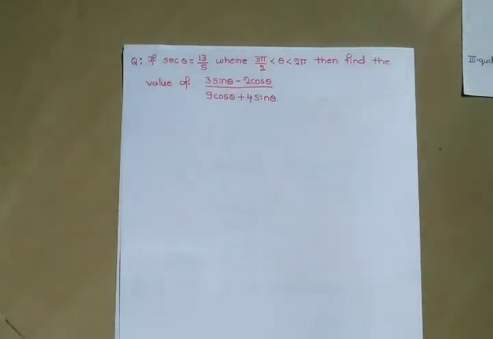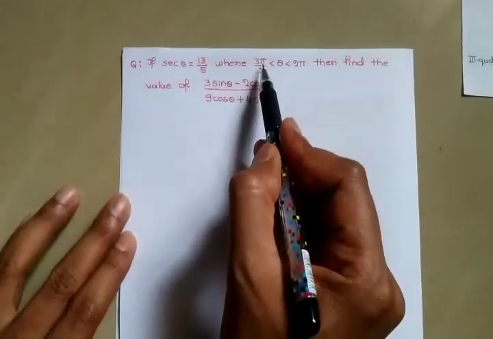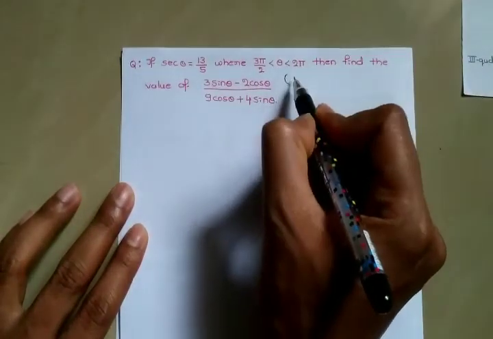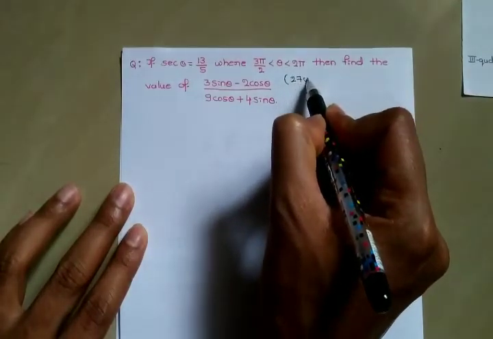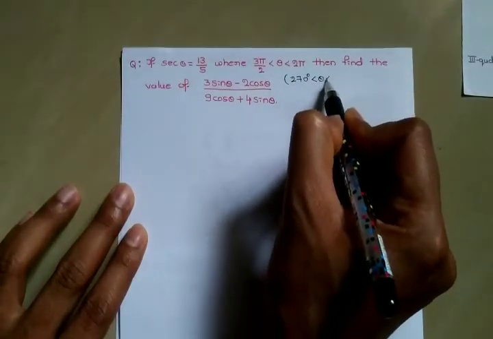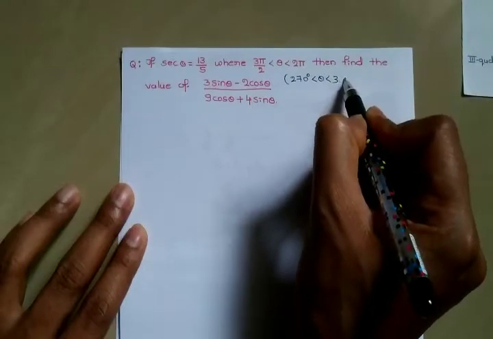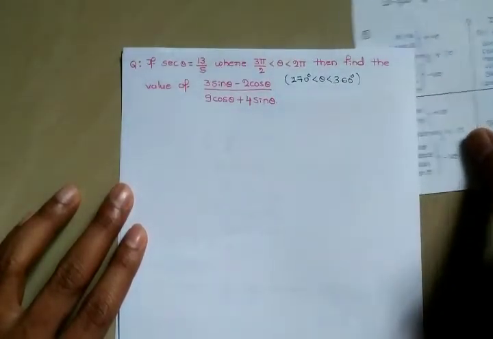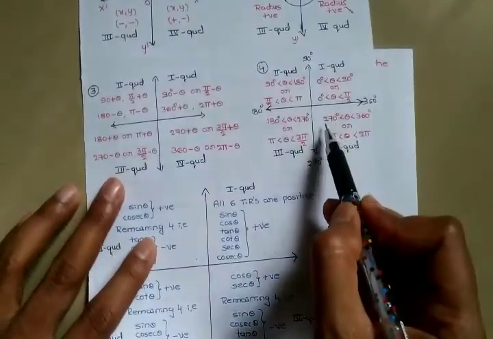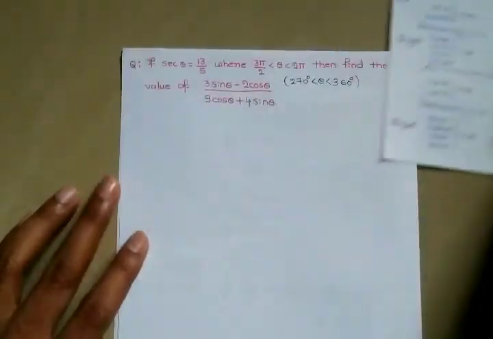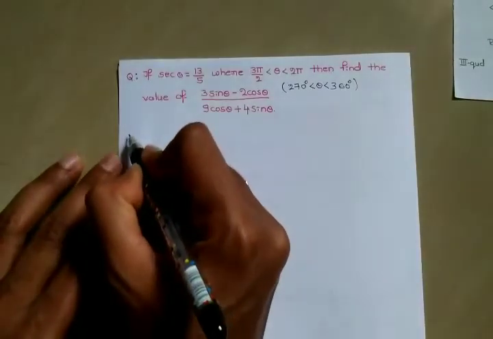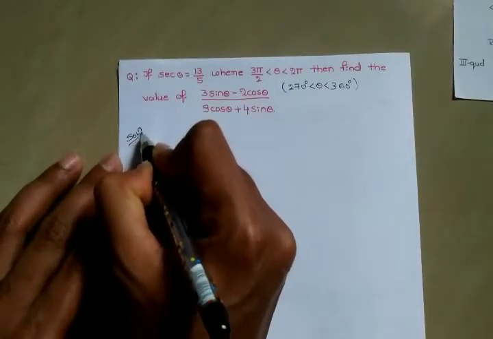Okay, so first, 3 pi divided by 2 means how many degrees? 270 degrees, less than theta, less than 2 pi means 360 degrees. This lies in which quadrant? Fourth quadrant. So the first step is to trace the right angle triangle in the fourth quadrant.